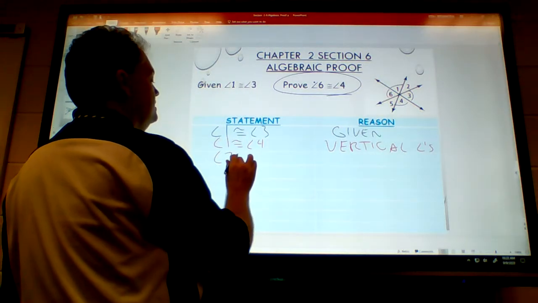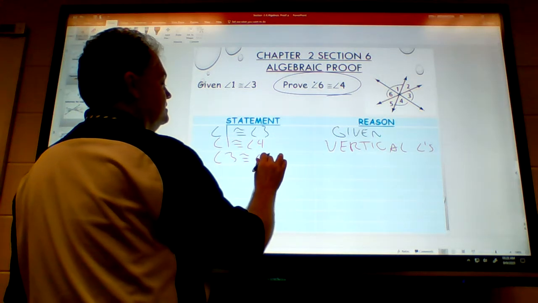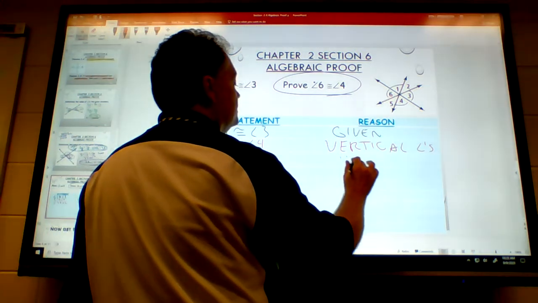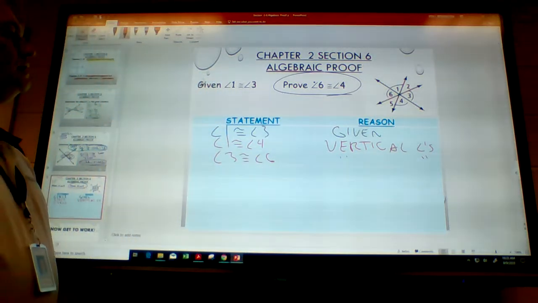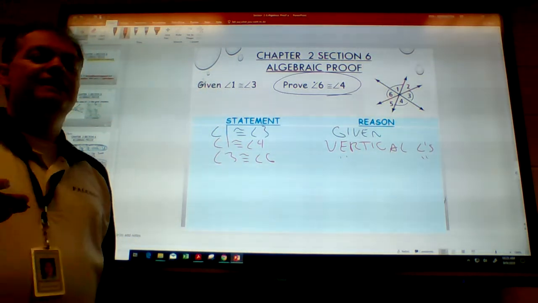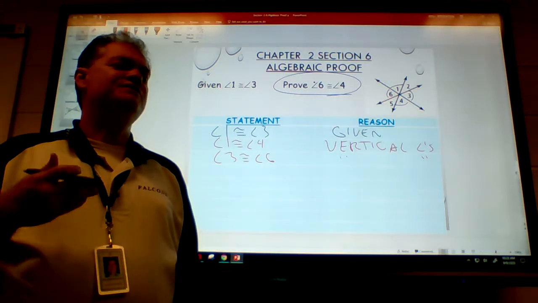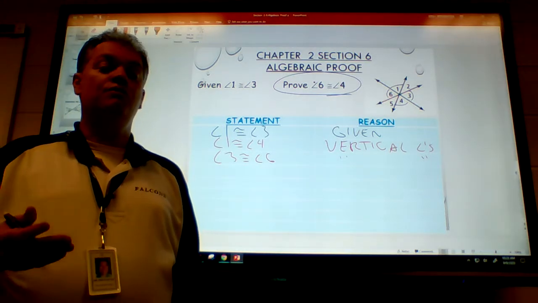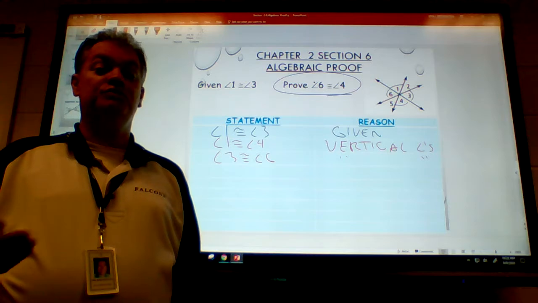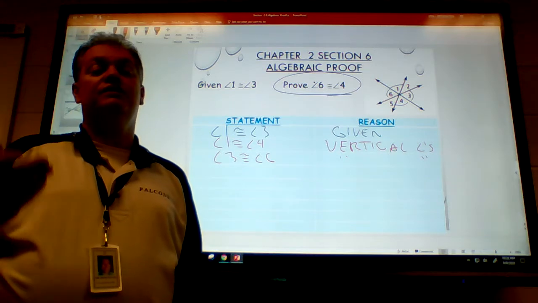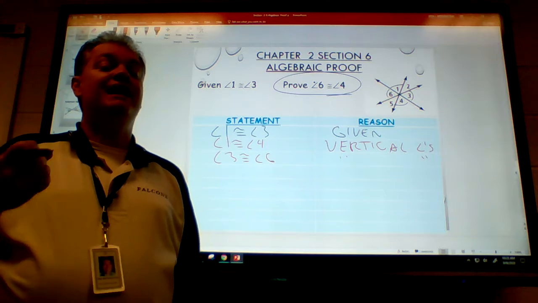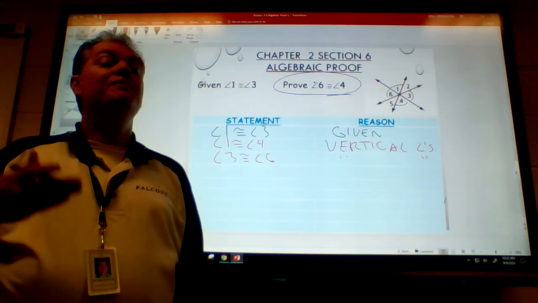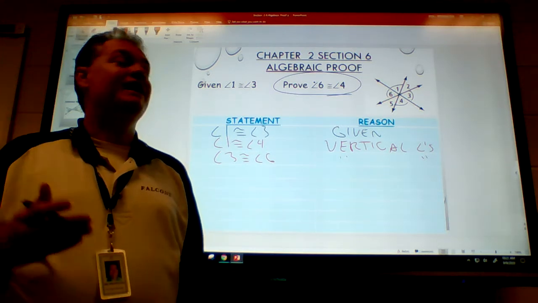So angle 3 is congruent to angle 6, also by vertical angles. Now you're probably thinking, do we have to use the definition of congruence here? No, we're not dealing with angle measures. We're just dealing with the fact that they're congruent. If we were given actual degree measurements, then we would have to use the definition of congruence. But since we're not, we can simply leave them as congruent.